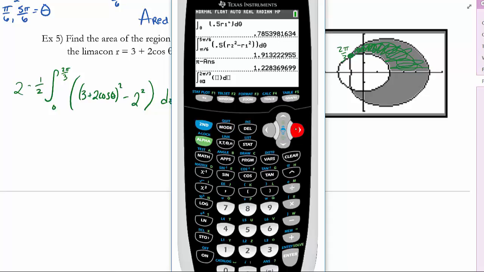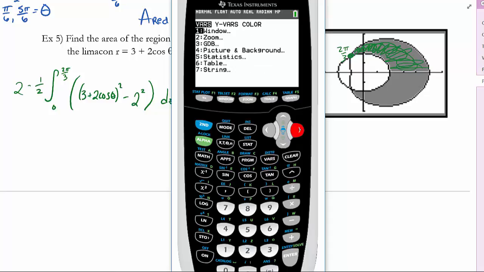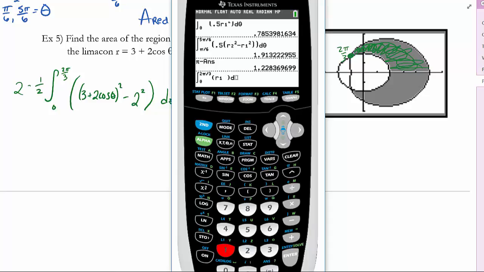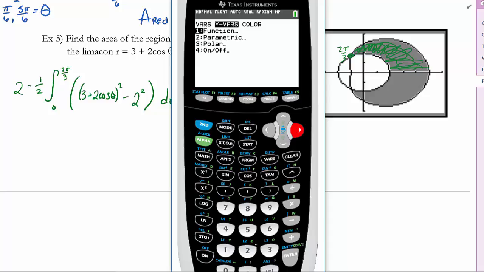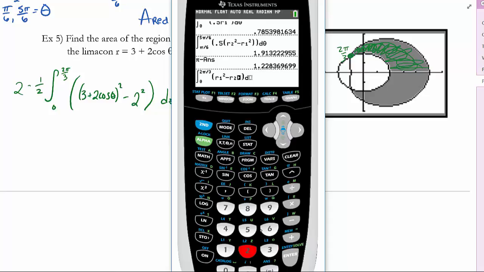Sorry, it's a lot of calculator nonsense today in this video. Get on your game. This is over vars, y vars, polar r1 squared minus vars, y vars, polar r2 squared. And then I should be able to hit enter.